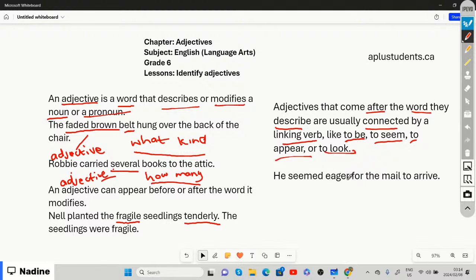For example, he seemed eager for the mail to arrive, meaning that it is connected by a linking verb.